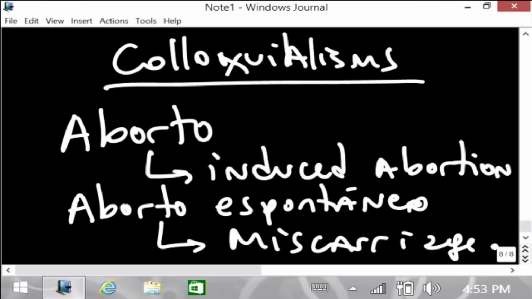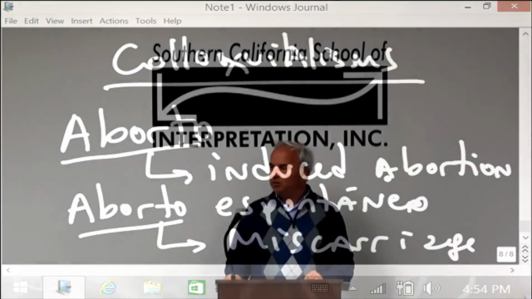So, just the same word, when you just speak only aborto, like in this case, and if you don't say espontáneo, then it makes it automatically an induced abortion. If you just simply say abortion by itself, it will most likely be clearly understood that you're talking about an induced abortion. So there's no need to say it.